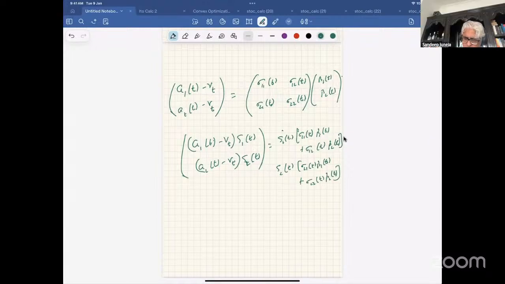So this has a solution if and only if this has a solution, right? I'm just multiplying both sides of the first equation by S1T and the second equation by S2T.